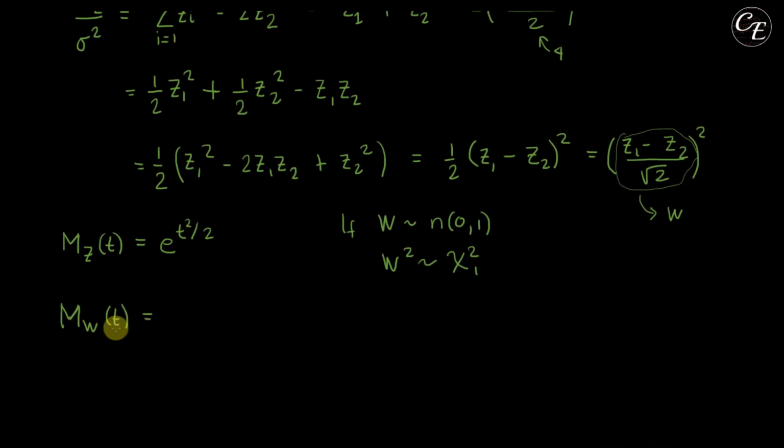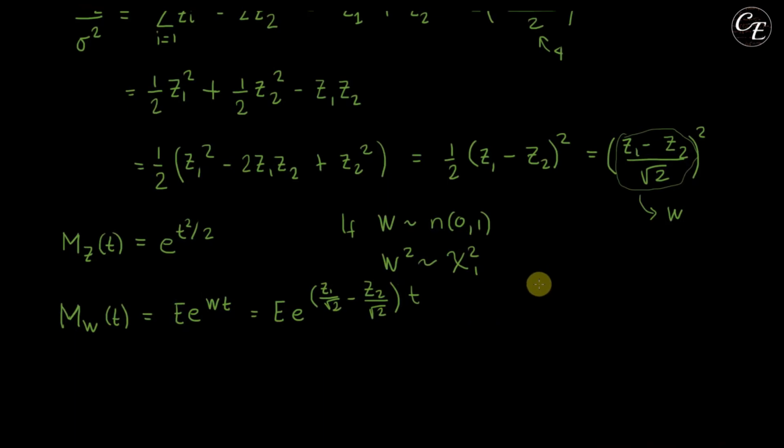The moment generating function for this one has a formula: expectation of e raised to wt. Then it is equal to expectation of e raised to, for w, we have this. Now let me distribute this over square root of 2 for each term in here. So we have here z sub 1 over square root of 2 minus z sub 2 over square root of 2. Then we have here times t. Then we can distribute this t for each term here.